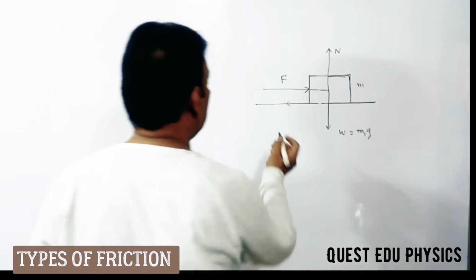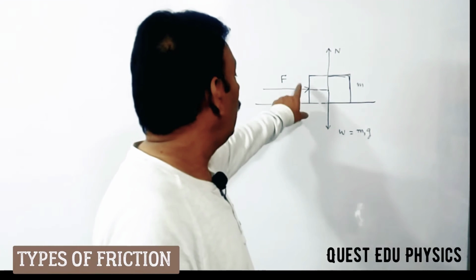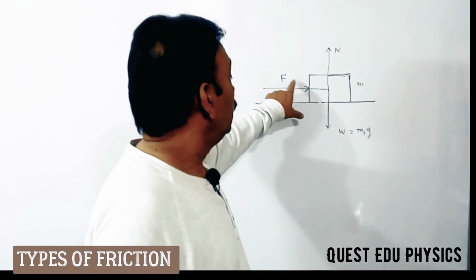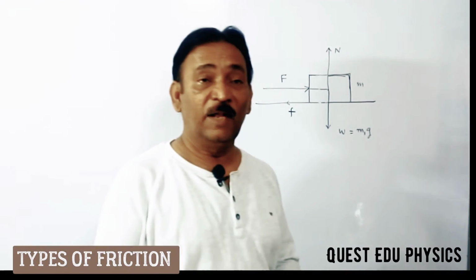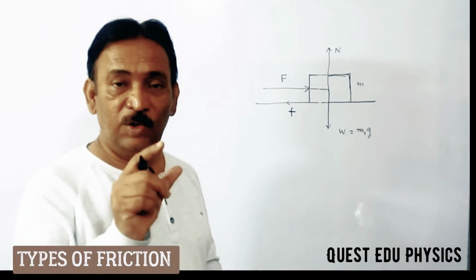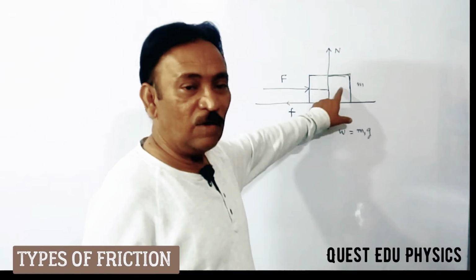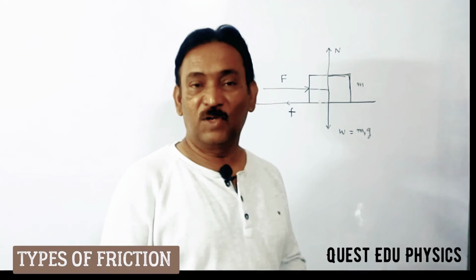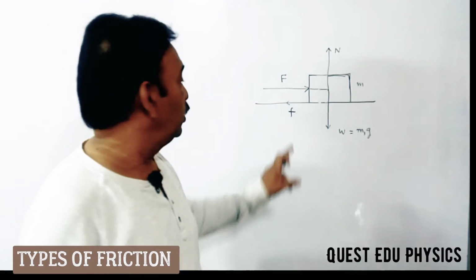We call this force the frictional force, the force which immediately develops to stop the motion of this body over this surface. That's why when giving this definition, I said it is the force which tries to stop the relative motion, that means the motion of a body with respect to another body. I hope you are understanding what is meant by the frictional force.